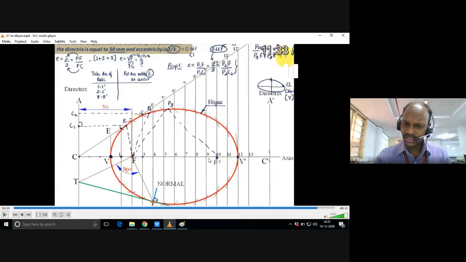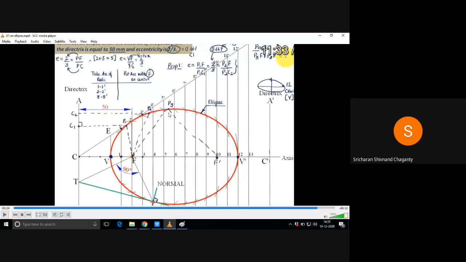By symmetry, you can take the other focus from V dash, again 20 mm distant. Now the property says if you join P3 to F and P3 to F dash, the sum of P3F and P3F dash is equal to?